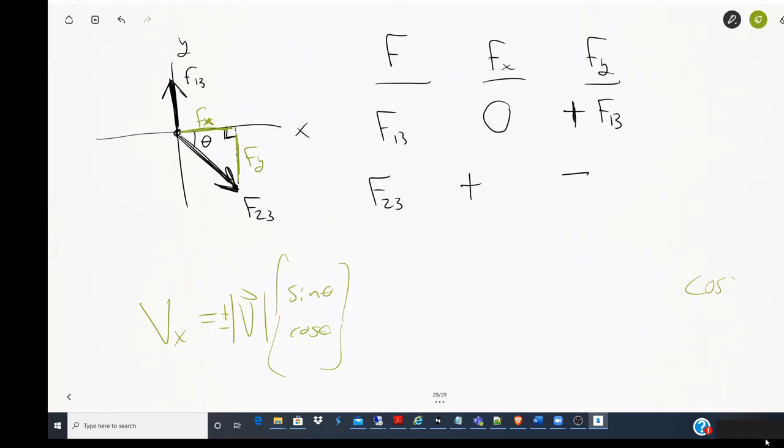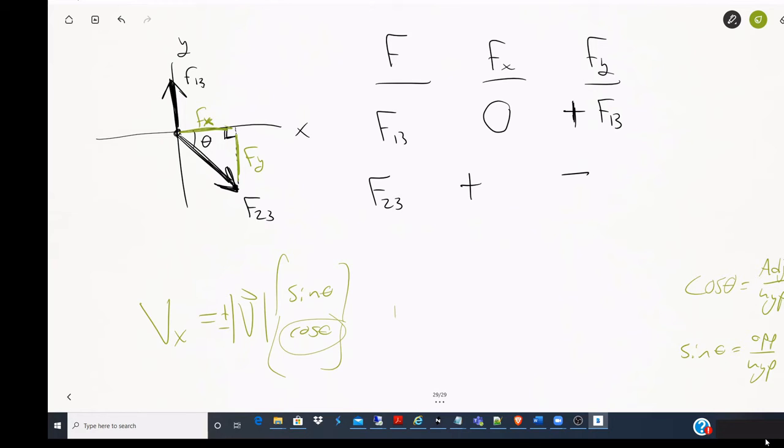If you recall from trigonometry, cosine of theta is adjacent over hypotenuse, and sine of theta is opposite over hypotenuse. So if our component is adjacent, we'll use cosine, and if it's opposite, we'll use sine. Looking here, you can see that the x component is adjacent to the angle, because that side is actually touching the angle. So we will use cosine for our x component.